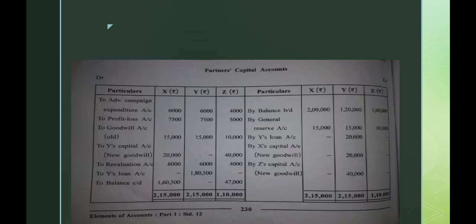Now talking about the total of remaining two partners. It is not new, it is just similar to the total of partners' capital accounts that we used to do in chapter 5. You can see the closing balance of capital 1,60,500 and 47,000. This is the closing capital of remaining partners, that is X and Z, and they are going to continue the firm.